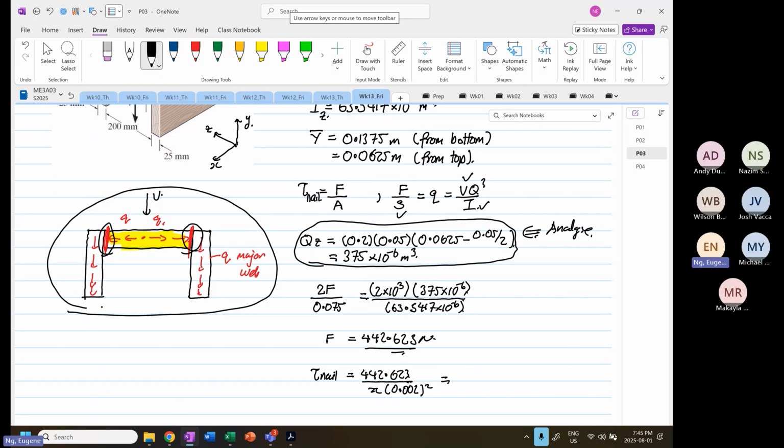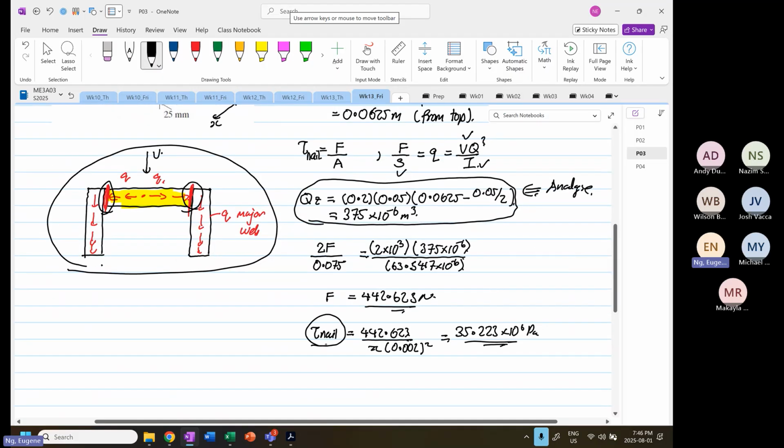So this is equal to 442.623 divided by pi divided by 0.002 squared, which is equal to 35.222223 times 10 to the power 6. So that is the shear stress of the nail.